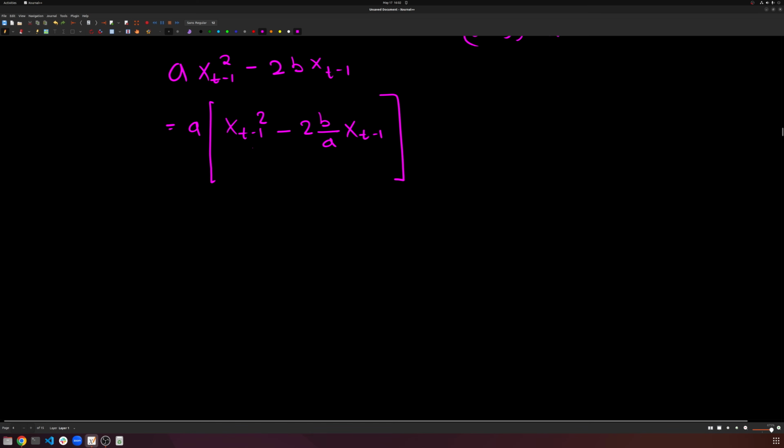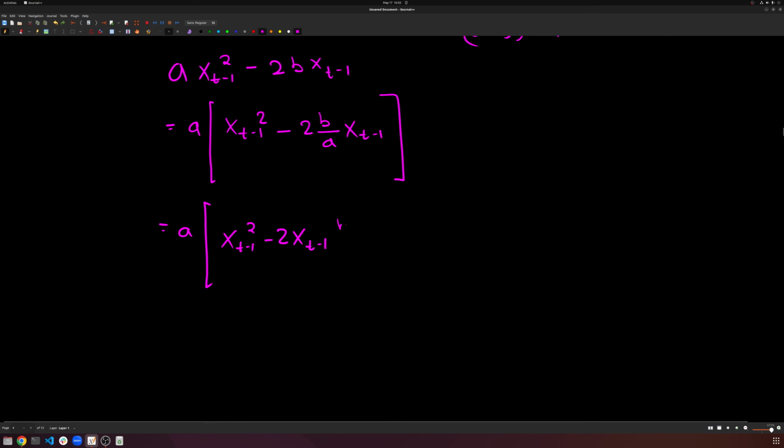So we have something squared minus 2 times something, and we just need to add something to get this to work. Let's pick different variables so they're a little bit different: m squared minus 2ml plus l squared.